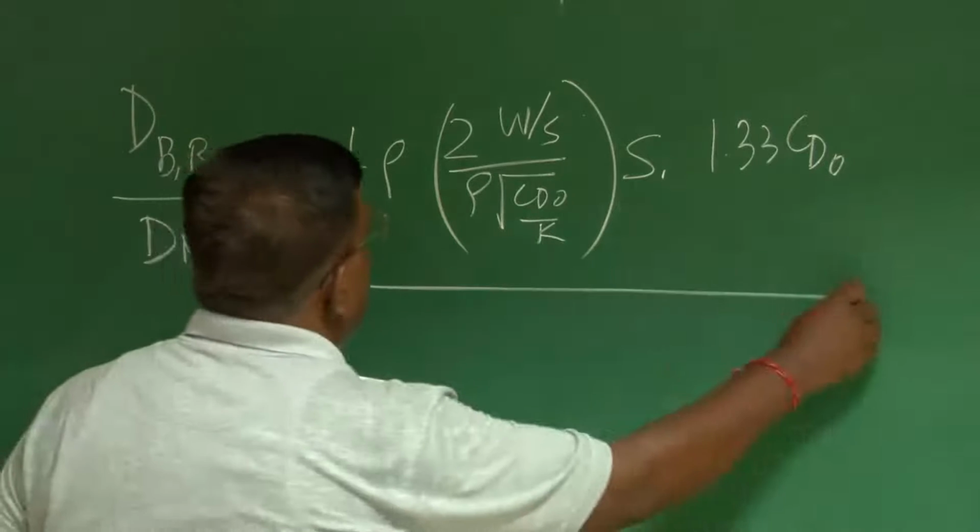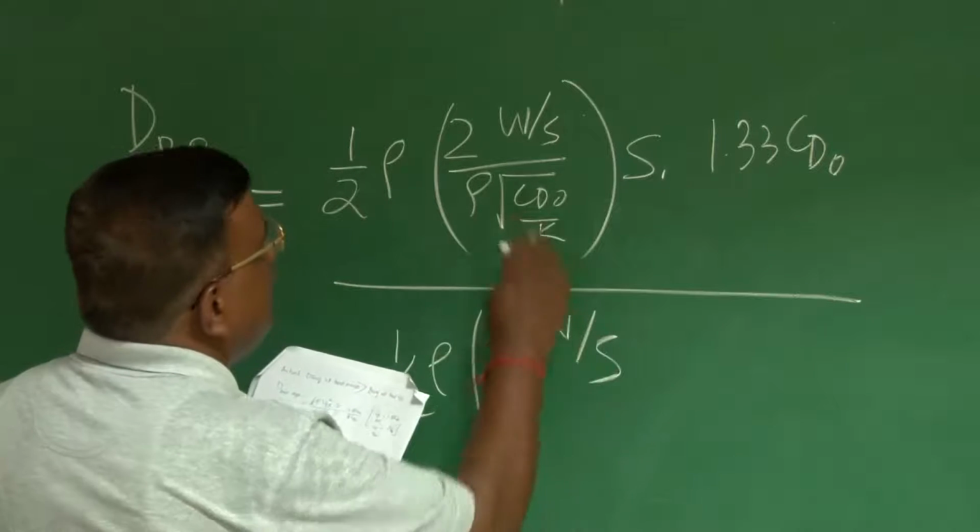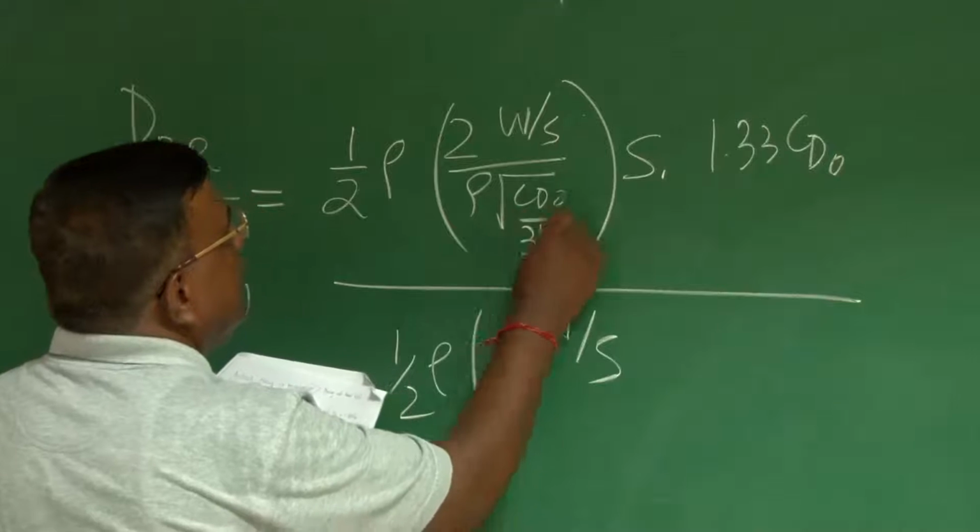Divided by here is half rho 2W by S. Oh, this is not CD naught, this is CD naught by 3K, okay?